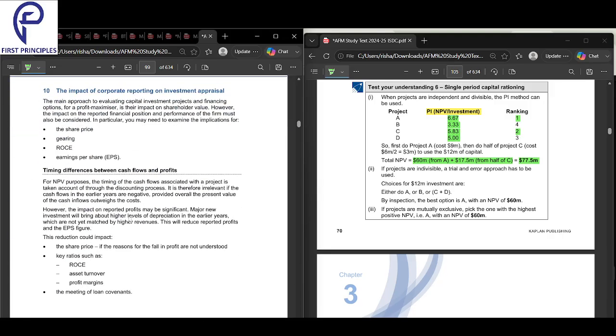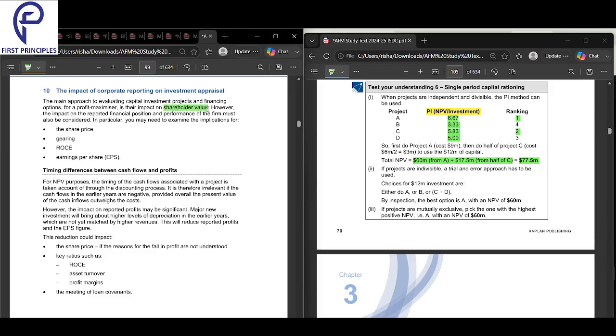Okay, moving on now. The impact of corporate reporting on investment appraisal. So let's look into this. What is the impact of corporate reporting on investment appraisal? If you simplify this, the main approach to evaluating capital investment projects and financing options for a profit maximizer is their impact on shareholder value.